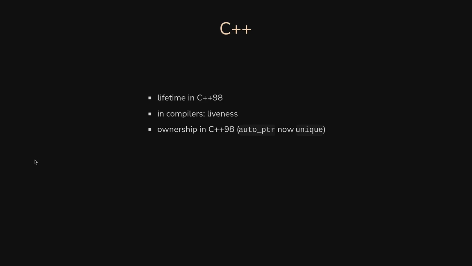Compilers also, they don't tell you, but they need to reason up to some point about lifetime, or they call that liveness, but it's quite similar. So there are ideas that also come from C++, and they're not in the type system of C++, but they are still standard in the mental model C++ developers need in order to write that kind of language without dying inside.